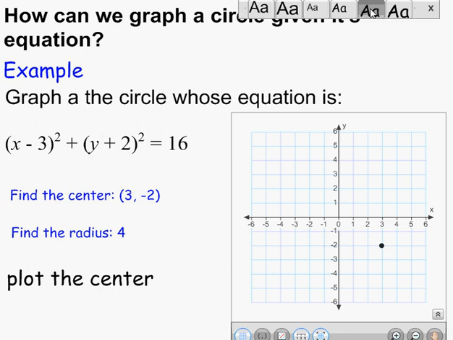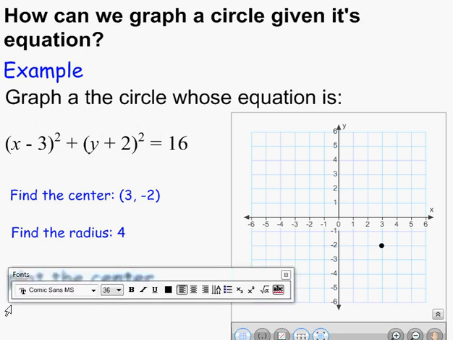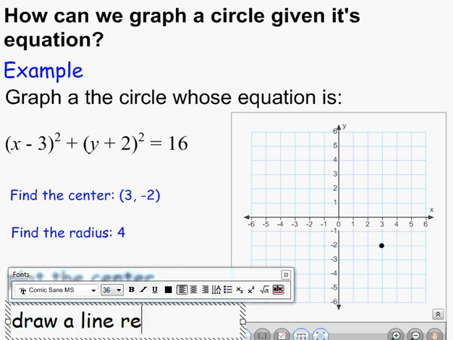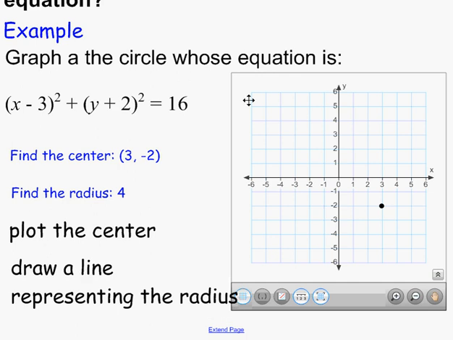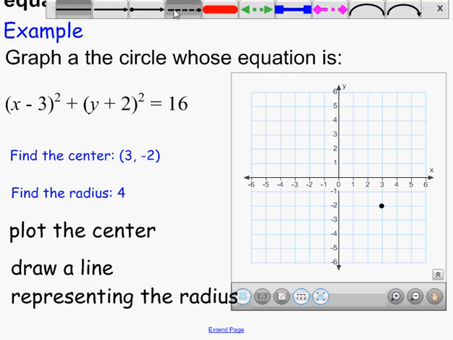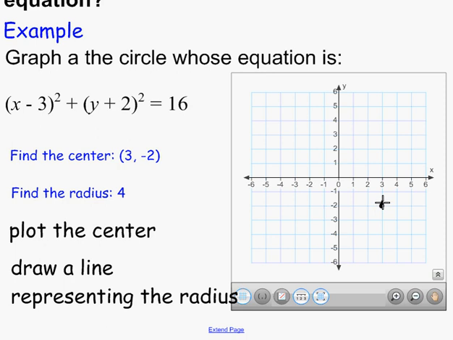And then we're going to draw a line representing the radius. So plot the center, draw a line representing the radius. So I know the radius is 4, so I could count 4 boxes, either up, down, left, or right. So I'm just going to count up 1, 2, 3, 4.